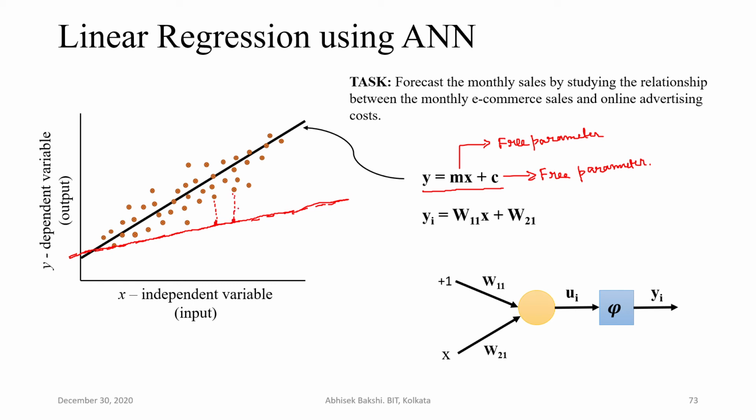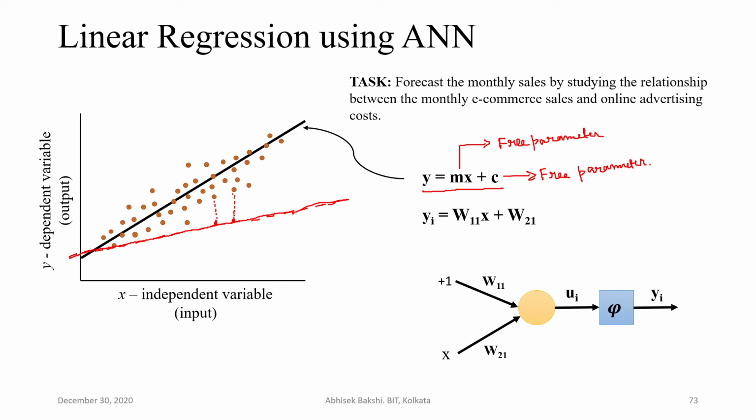This is the error. This is the error. So in this way, if you calculate the difference between the actual points and the points on the straight line for a particular x, you will get the error, and you find that this error is high. What you will do is try to adjust these free parameters.